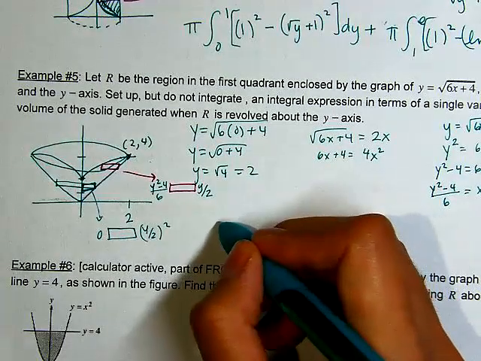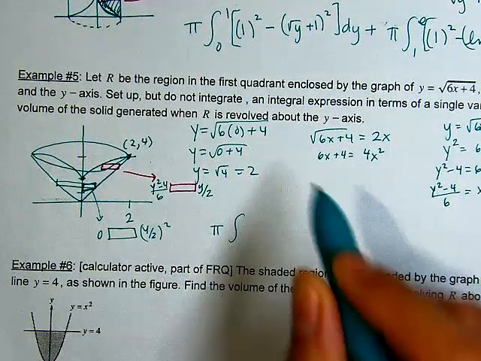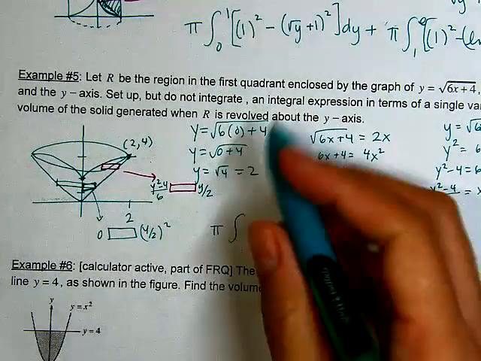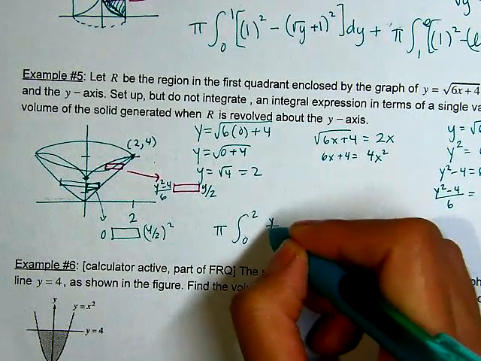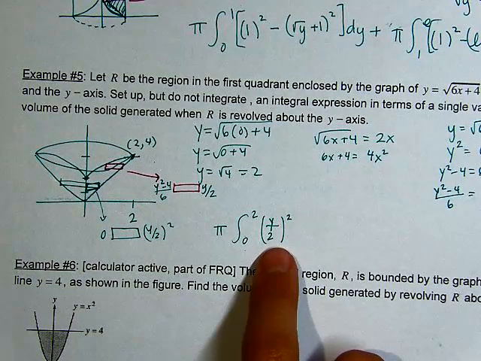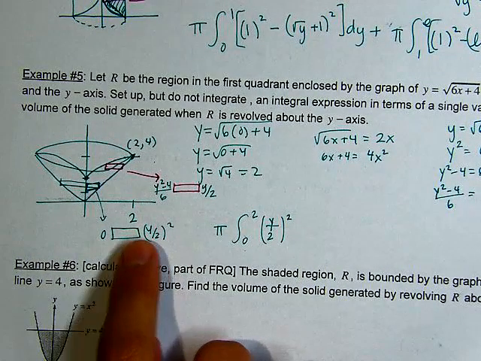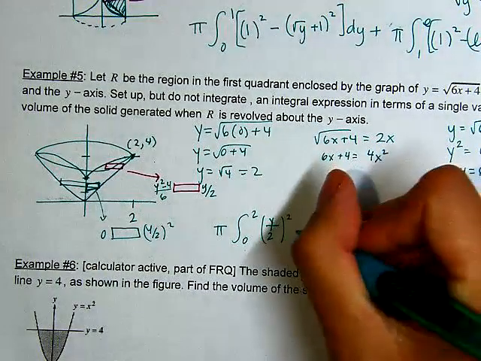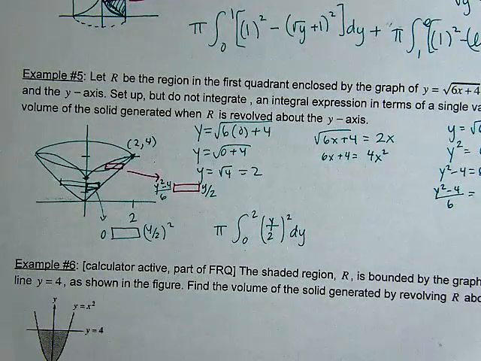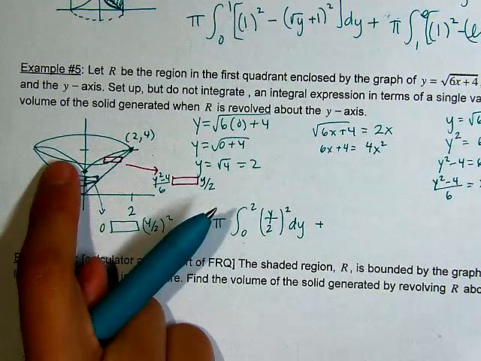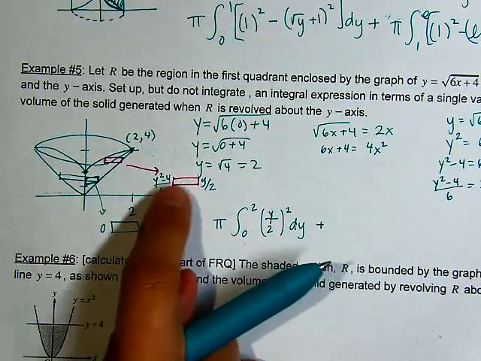Okay, so we're going to set up two integrals. Again, my boundaries need to be on the y-axis. So from 0 up to 2, I just have the slices that go from the line to the y-axis. And now for the other slices, you see we have an outer minus inner.